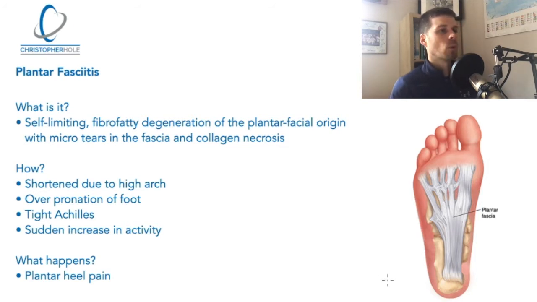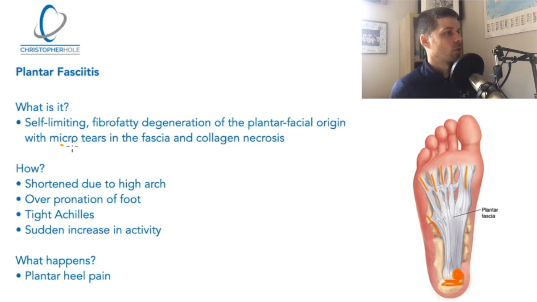Now, when we're talking about the plantar fascia, it basically goes from the heel bone here up into each, let's just say, knuckle, and then you've got a sixth branch which goes along the lateral aspect of the foot.